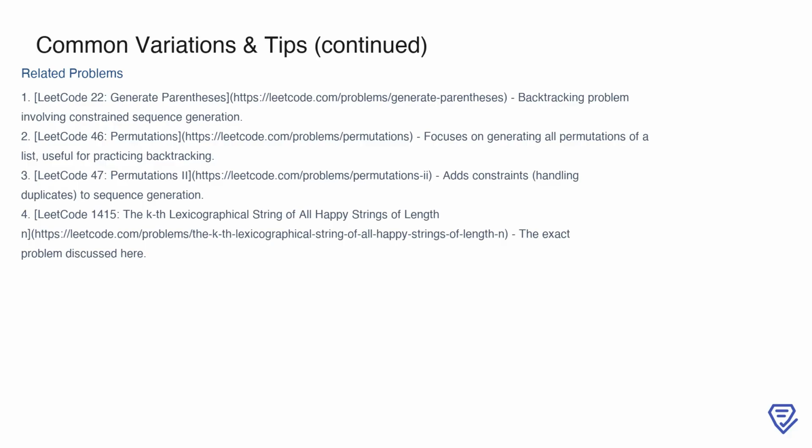LeetCode 47, Permutations II, builds on this concept by introducing constraints to handle duplicates, making it an excellent practice for refining your backtracking skills. Of course, there's also LeetCode 1415, the problem we're discussing here, which requires generating happy strings in lexicographical order. Exploring these related problems will help you recognize patterns, improve your backtracking techniques, and strengthen your ability to handle constraints in sequence generation tasks.